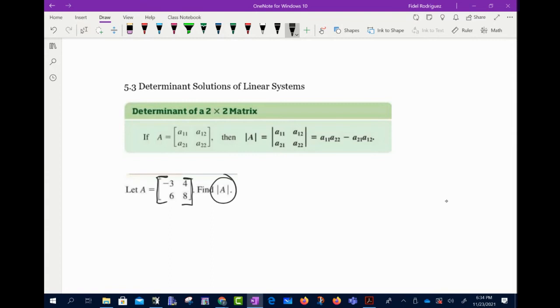So we're going to find the determinant of this matrix here, -3, 4, and 6 and 8. I'm going to show you the process for what we call a 2 by 2 matrix.